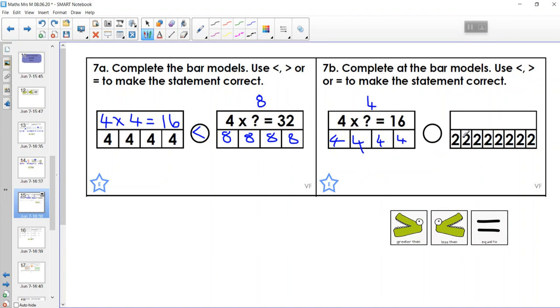And I've got 1, 2, 3, 4, 5, 6, 7, 8. So I've got 2, 8 times. And 2 times 8 is 16. So 4 times 4 is equal to 2 times 8 because it gets a 16 on both sides.